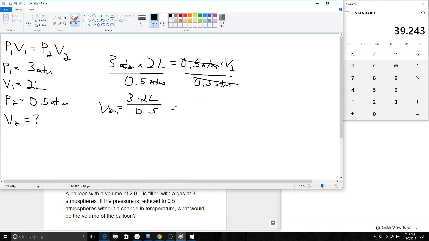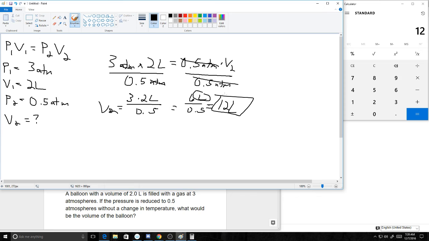So really I've got 6 liters over 0.5. 6 divided by 0.5 should give me 12. The answer for this problem equals 12, and the only unit we have left once again is liters.